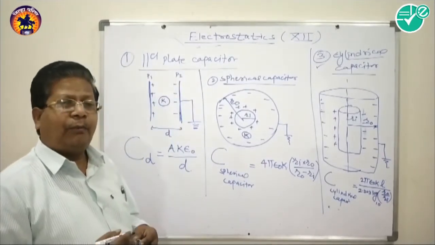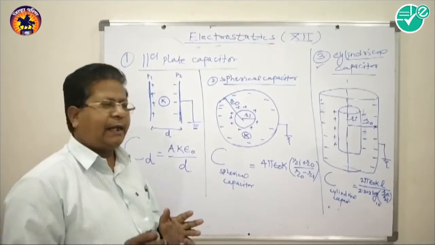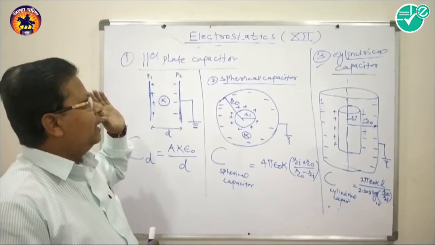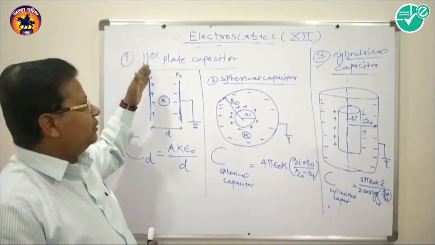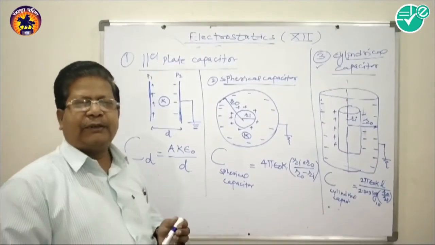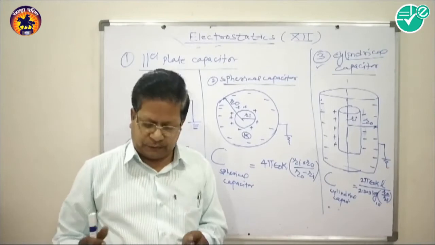So depending upon the shape of the conductors, we have seen three types and the formula for capacitance of each.